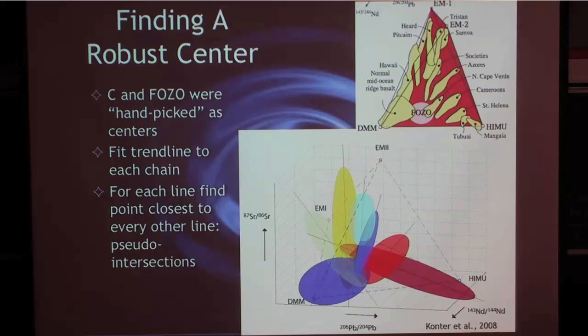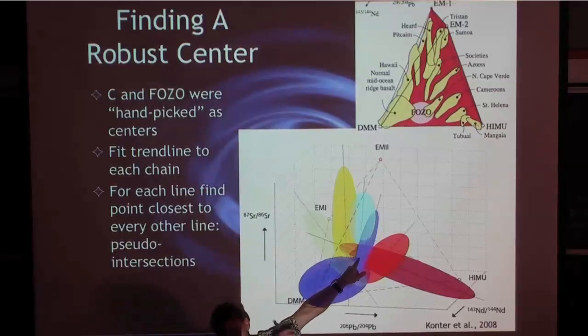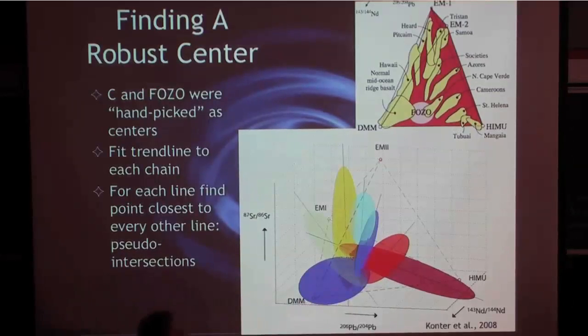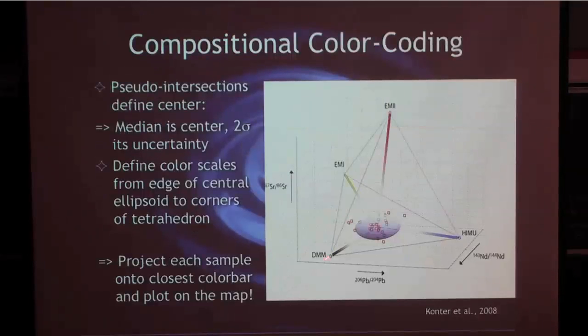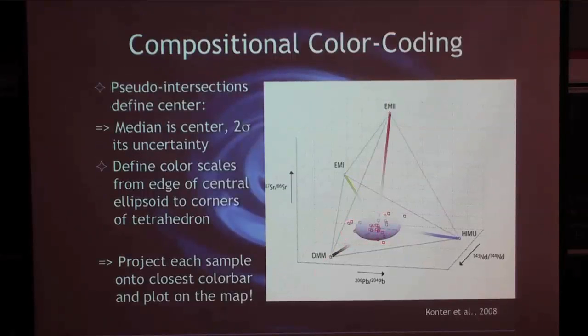Do they intersect in one point? No, of course not. So instead, what I do is along each one of these trends, you look for the point on that line that minimizes the distance to all 31 other lines. And so you end up with a cluster of little red dots. Each dot is the point on one of these trend lines that is closest to every other line.